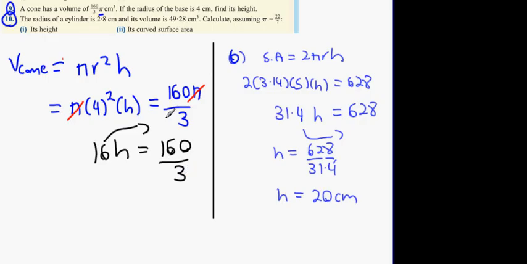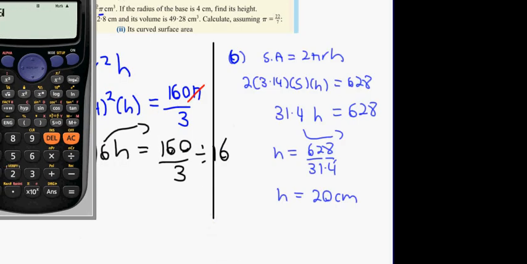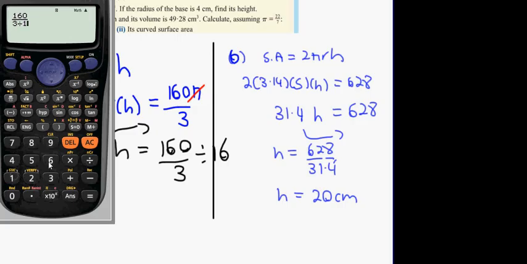If I bring the 16 over the other side, what becomes of it? It's multiplied with 16 on the left, which then it's going to be divided by 16 on the right. So just put in 160 over 3 divided by 16 and see what happens. It should come out to be 3.3.